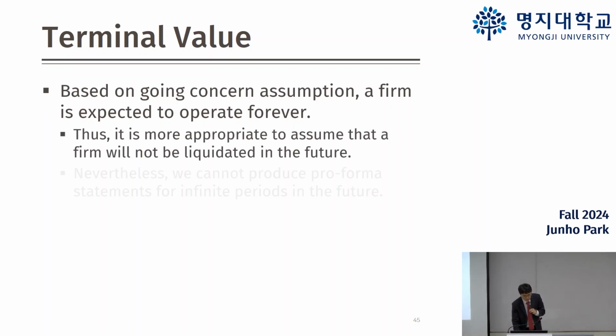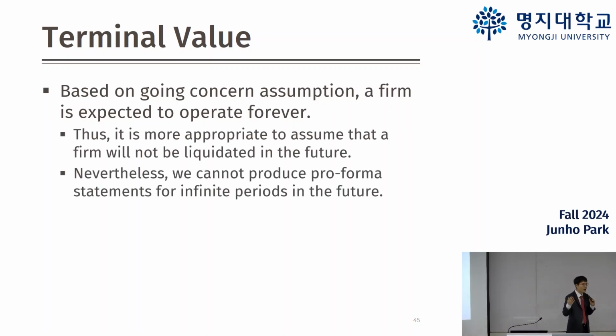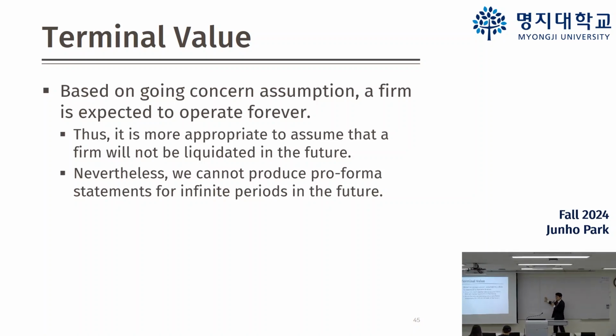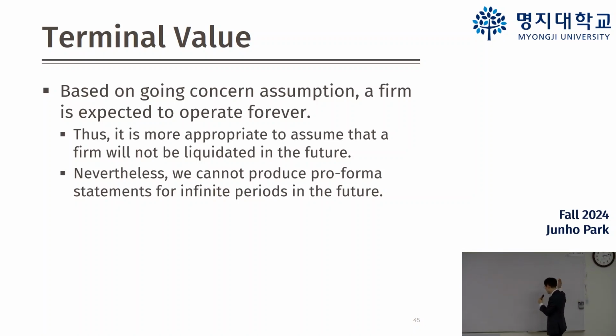So that requires a lot of calculation for us because we have to make the pro forma statements for the 6th year. We have to make pro forma for the 7th year, 8th year, 9th year, 10th year, 11th year, again and again. And there are an infinite number of years for this company, and practically it is not possible to do so.